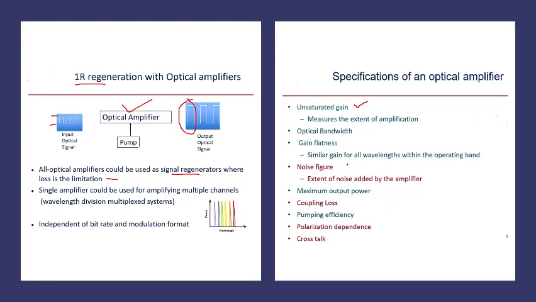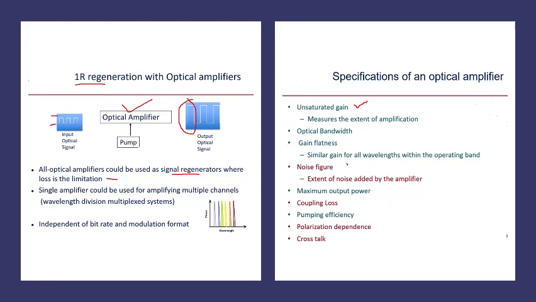Noise figure. Noise figure is also an important parameter, because noise is introduced in every amplifier. So noise figure gives us the information about how much noise is introduced by that amplifier.